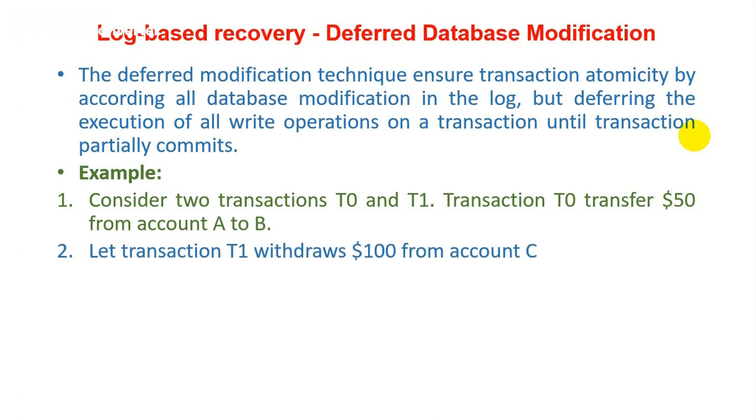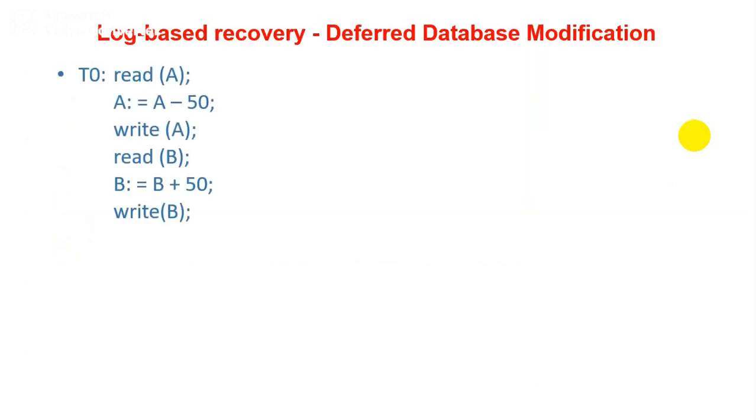The deferred modifications technique ensures a transaction's atomicity by recording all database modifications in the log, because it is a part of log based recovery, but deferring the execution of all the write operations of a transaction until the transaction partially commits. What is a partially committed transaction?